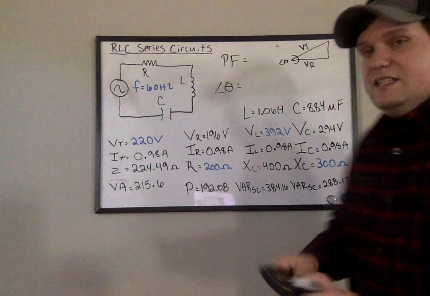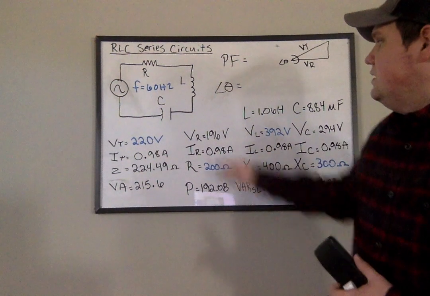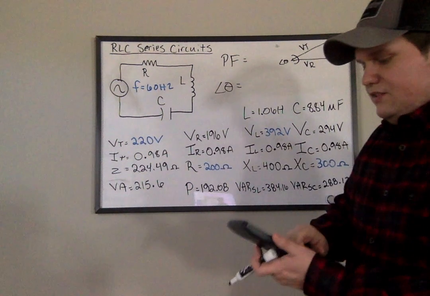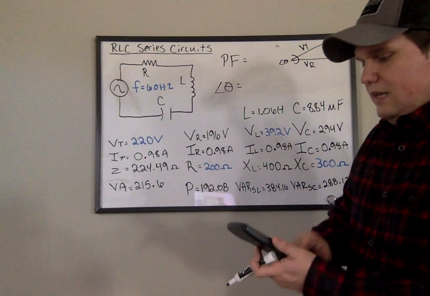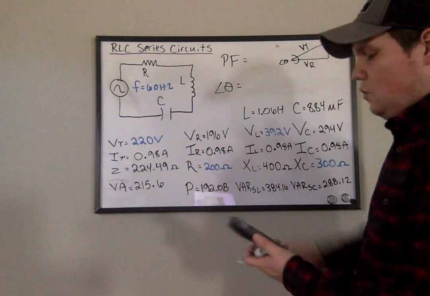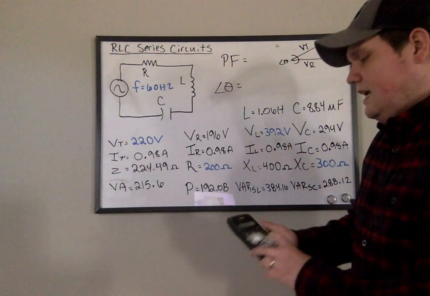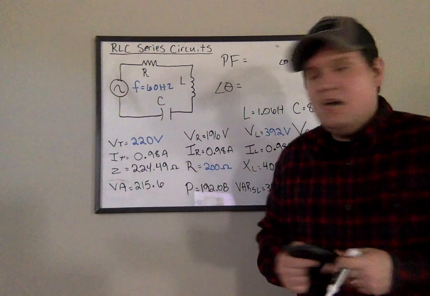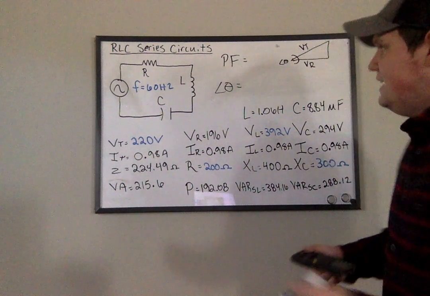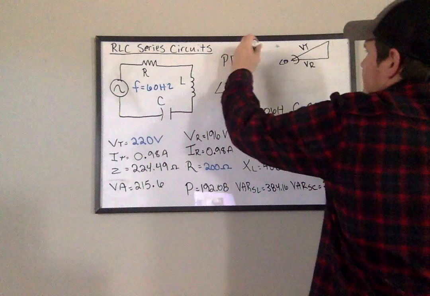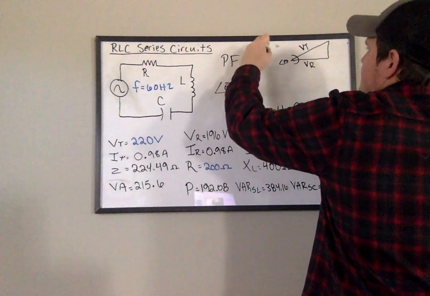So that is the cosine function. So first, let's get our percentage. So I'm going to do 196 divided by 220, hit equals, and then we're going to times that by 100 to give us a percentage. So what you should get is 89%.